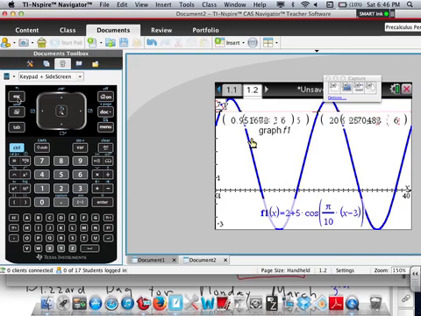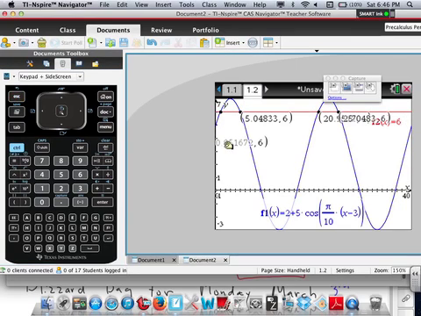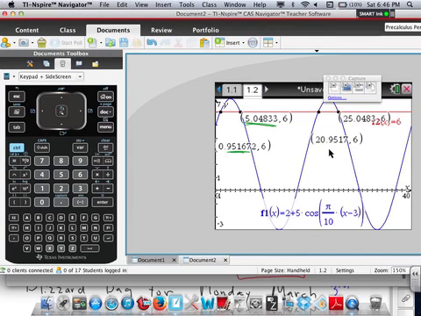And I take a look at what I've got for my intersections. Hey, that was my calculator answer right there, wasn't it? And then this answer right here was 2 pi minus the calculator answer. And then my next positive answer was this one right here.